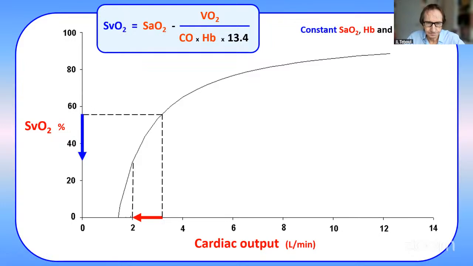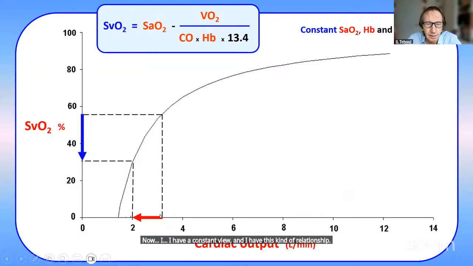Now, I have a constant VO2 and I have this kind of relationship. And if cardiac output decreases, for constant SaO2, constant hemoglobin concentration, and constant VO2, I told you before that these parameters cannot change very quickly, of course.